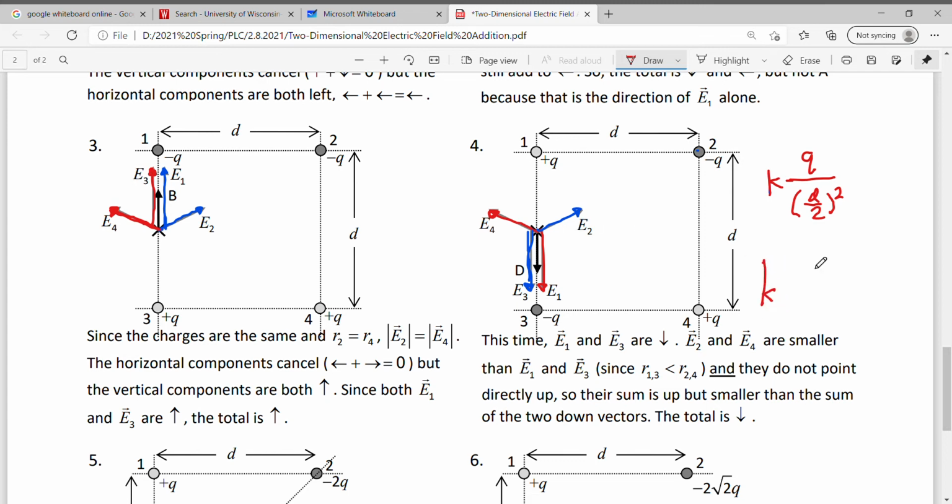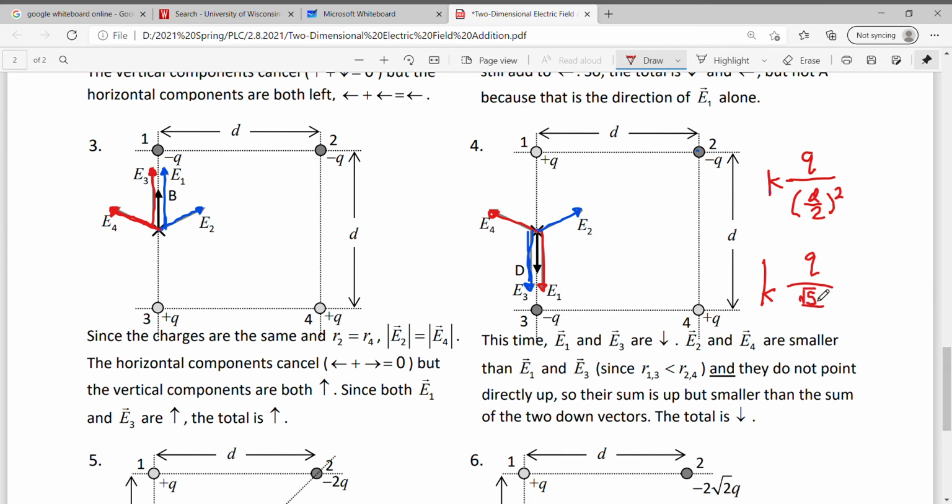We have k times q, should be minus q, but let's get rid of the sign, and the distance between this and this point should be the square root of 0.5d squared plus d squared, which is root 5 over 2.